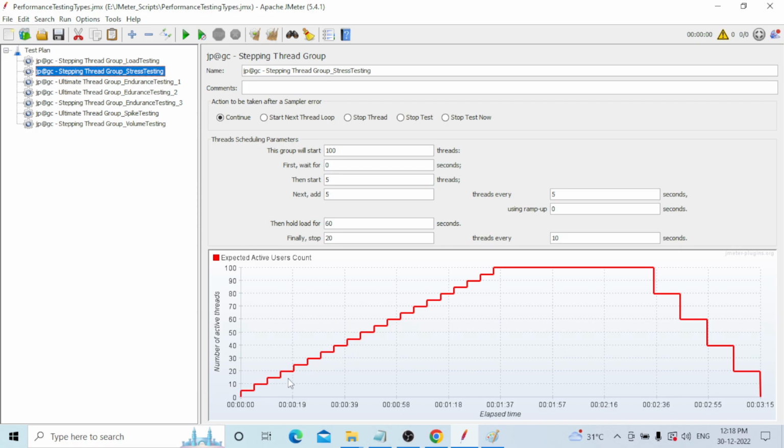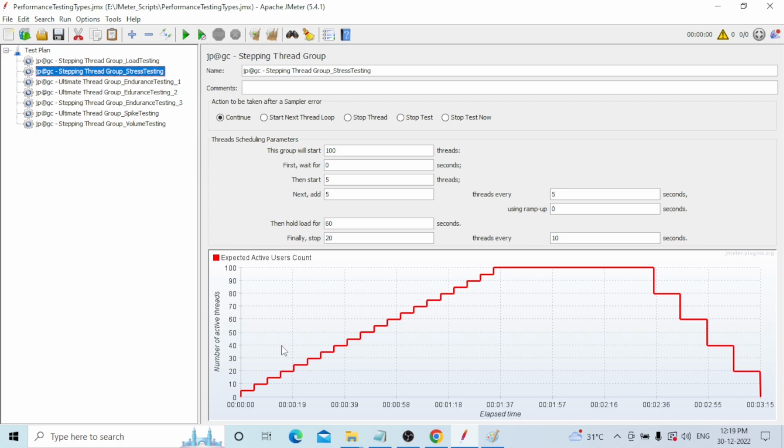Keep increasing the user load and run for some specific duration. I have given 60 seconds, and you run for however much duration you require, and then ramp down.